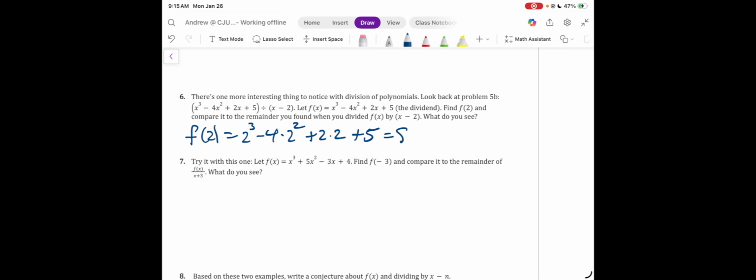And that's 8 minus, let's see, 2 squared is 4, so 16 plus 4 plus 5. Let's see, that's negative 8 plus 9 is 1.